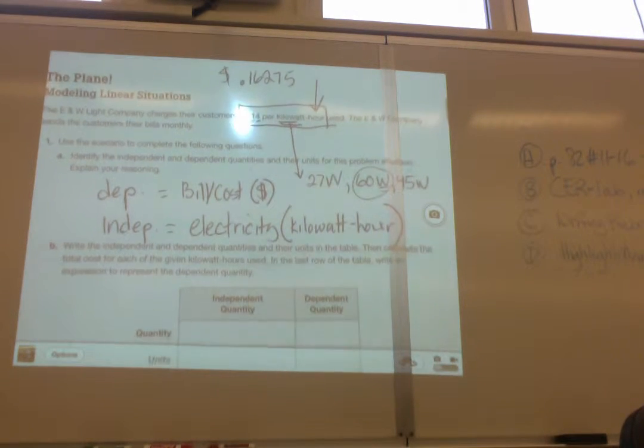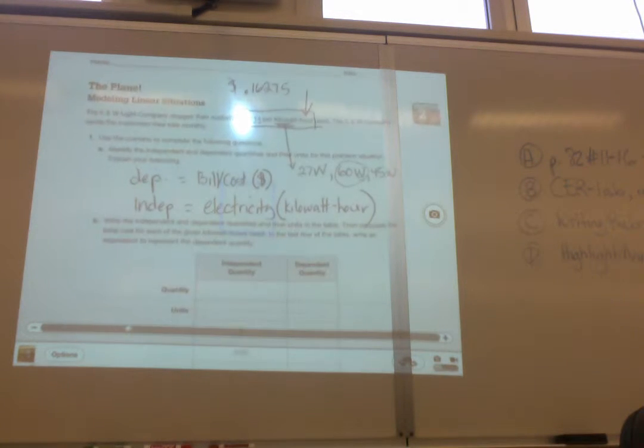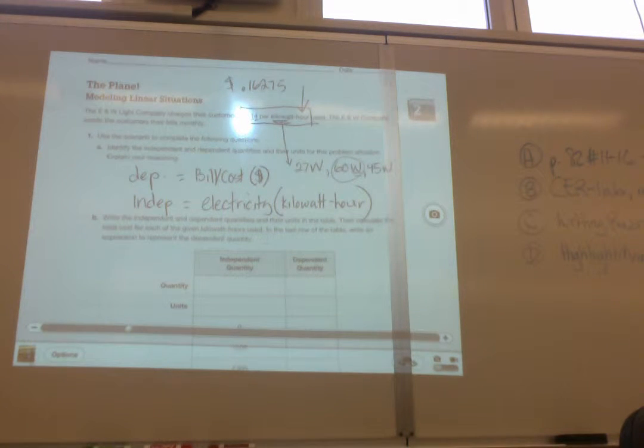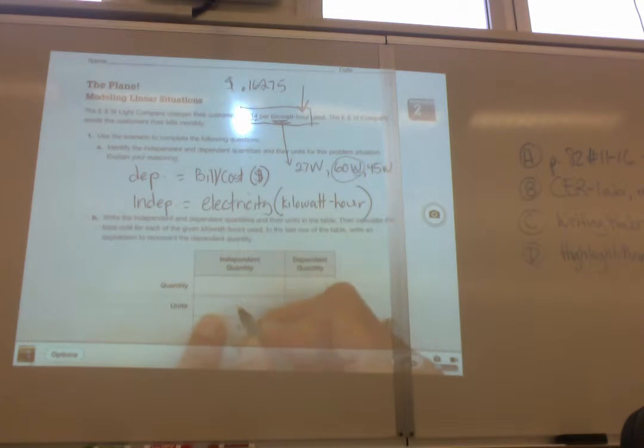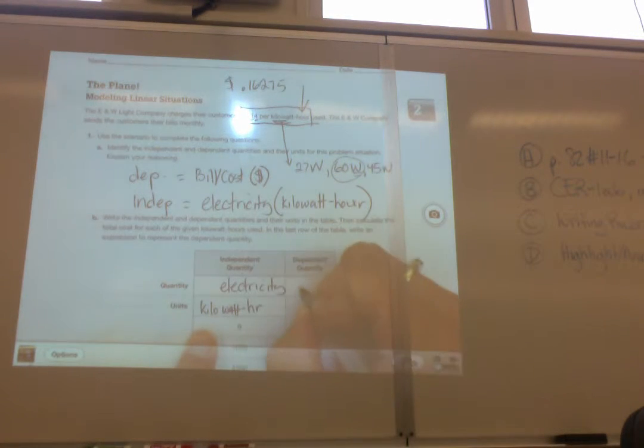Check your work. Some of you already have stuff written down. Is this how you have it? Because now that goes straight down to this table. Independent, we just said, was electricity, measured in kilowatt hours. And dependent is the cost or your bill measured in dollars.